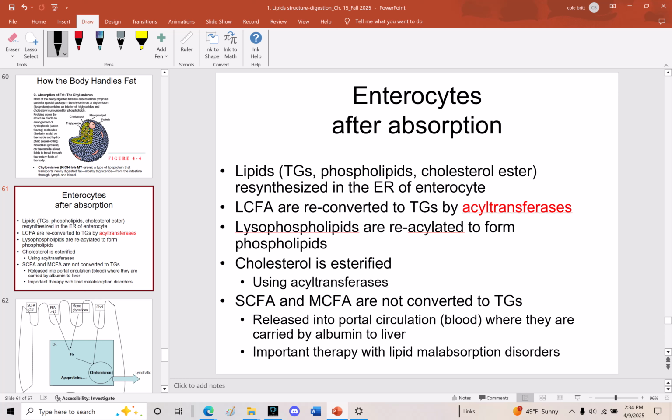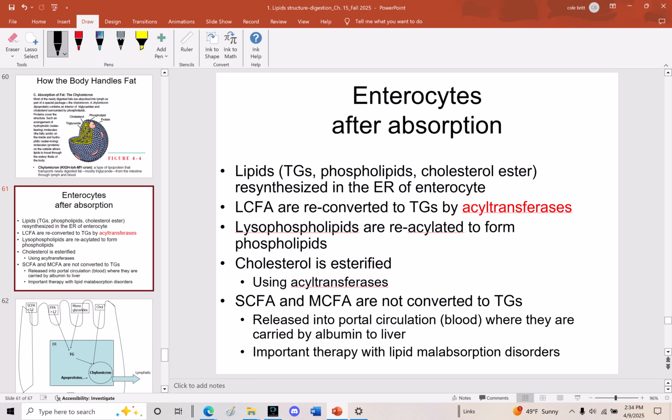What remakes them? This guy is called acyl transferases. Remember I told you that the fatty acid, you can also refer to the fatty acid as an acyl. Acyl, that's just a fatty acid. Transferase is an enzyme. So acyl transferases are what puts the fatty acid back onto the glycerol backbone.